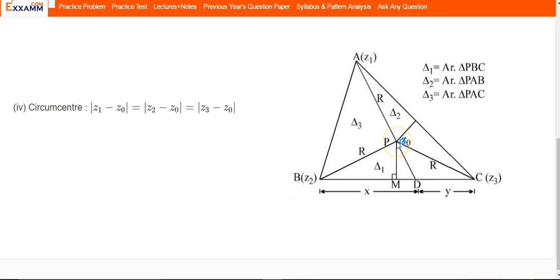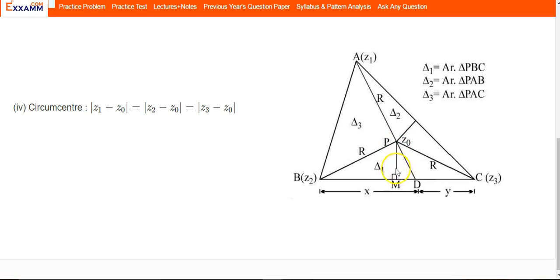It is the center of a circle which passes through A, B, C, and encircles the triangle from outside like this. This is the circle, and its center is called the circumcenter.